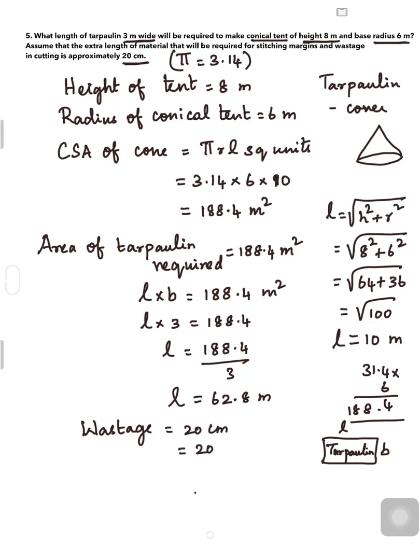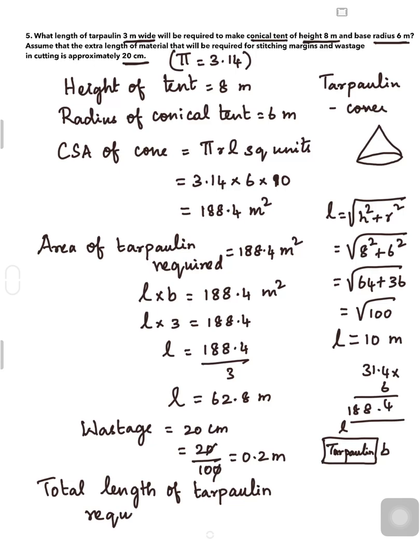If we convert that to meter, you may divide by 100, so you get 0.2 meter. So this is the wastage. So from this, what is the total length of tarpaulin required for making the tent?